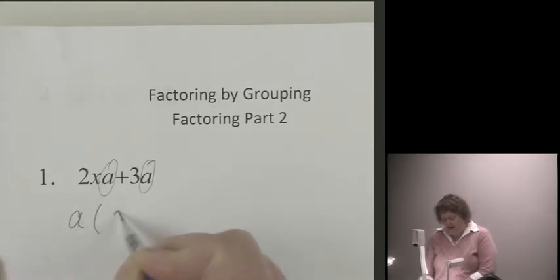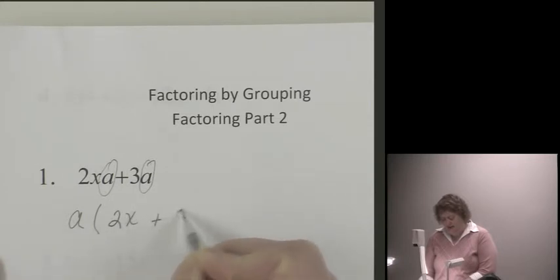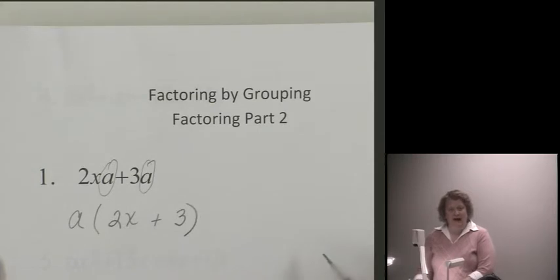Then we're left with 2x plus 3. As we do this lesson, we're assuming that you know how to factor out that common factor. If you're not comfortable with the greatest common factor, you can go back and watch part 1 of this factoring set of lessons.